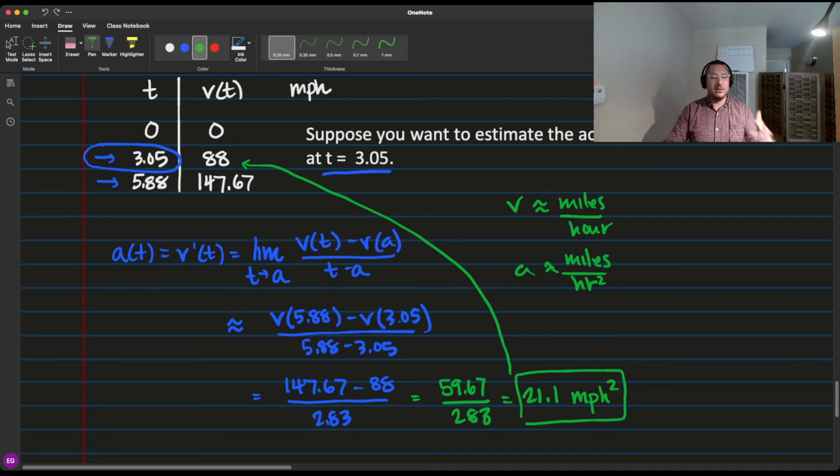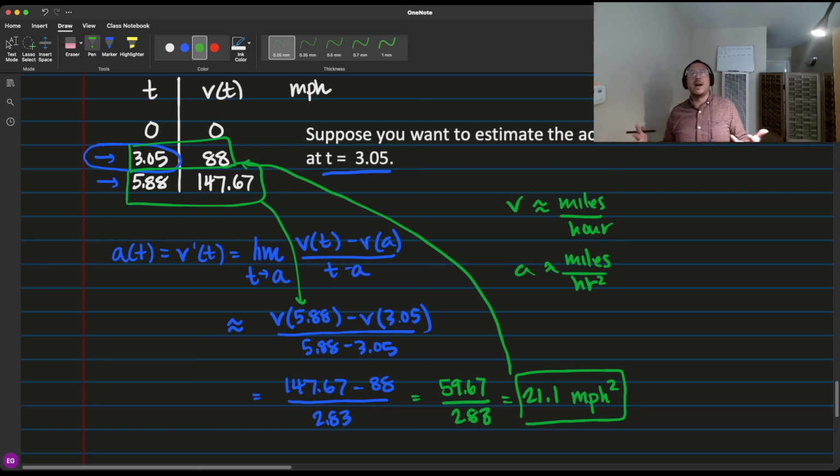You have these numbers, you can plug them into your secant line formula, which is what I did right here, and you use that to estimate what you think the derivative would be. It's a very common technique. And it makes sense because how do we even find the slope of the tangent line? By taking the limit of the secant line, but unfortunately we can't actually take a limit here because we don't have the functions. So instead we just plug in the numbers and say, good enough, that's the best we can do.